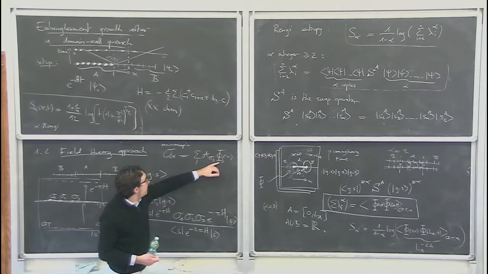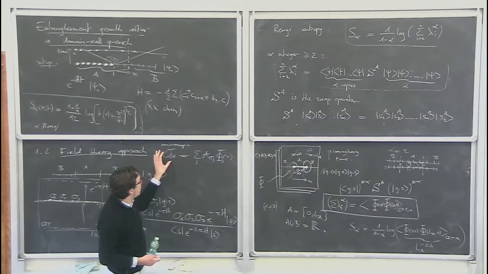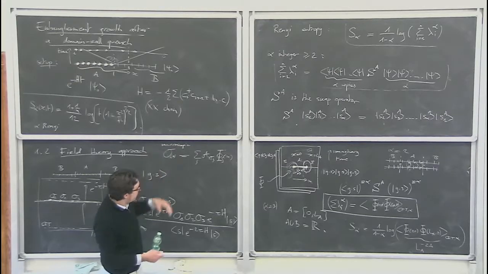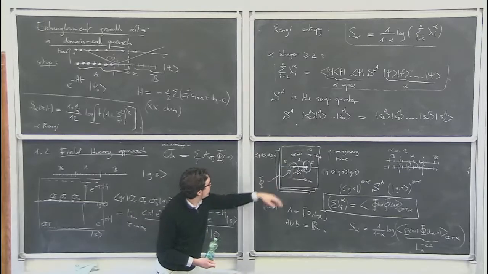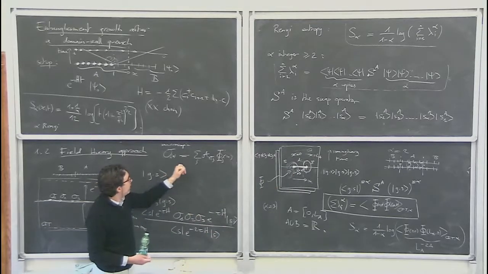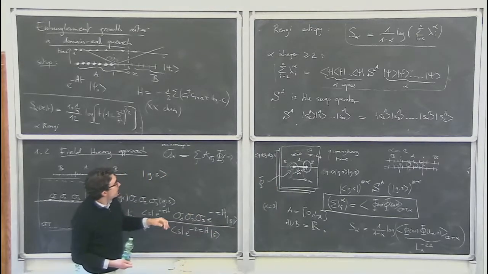Now, typically any operator that has the correct charge, or in that case the correct topological properties, would typically appear here.